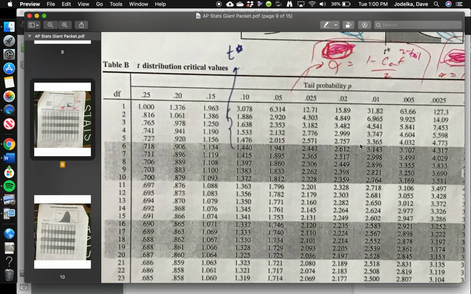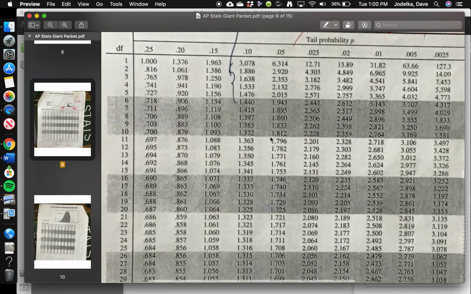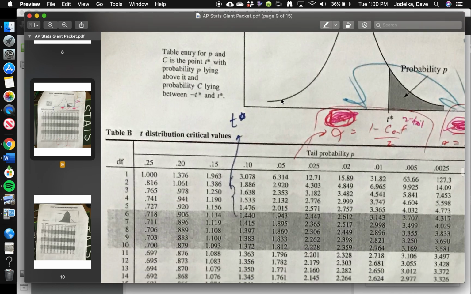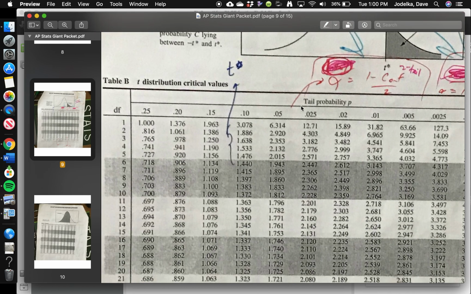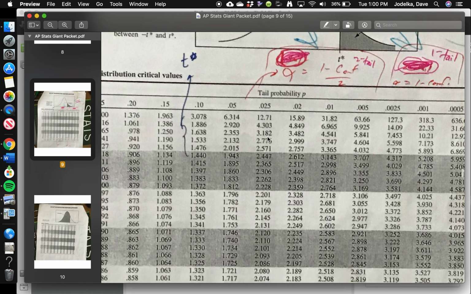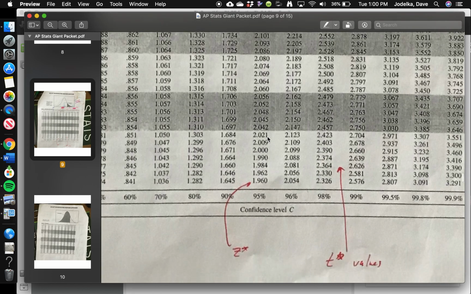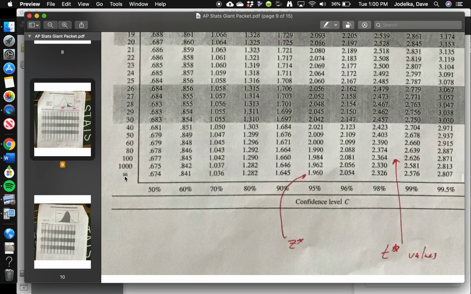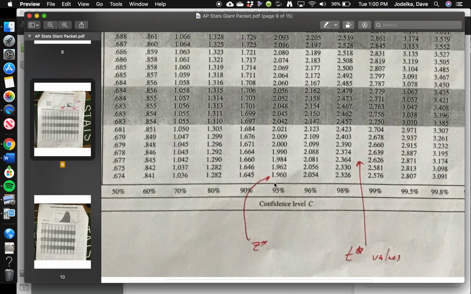But if you're ever not sure what to use, remember, on this chart with the t-test, if it was a 95% confidence interval, you always act as if you're doing a two-tailed thing. So 1 minus 0.95, that's 0.05, divided by 2 is 0.025. You would find 0.025 and go all the way down to where it says infinity, and that would be the critical value you'd be using.